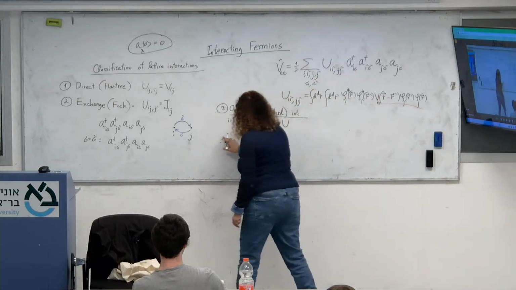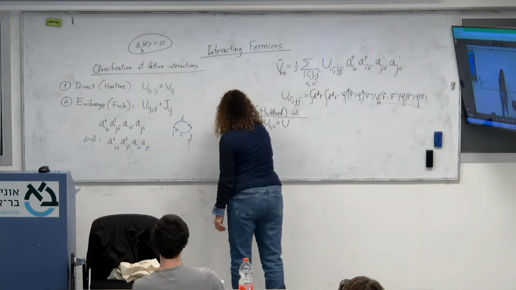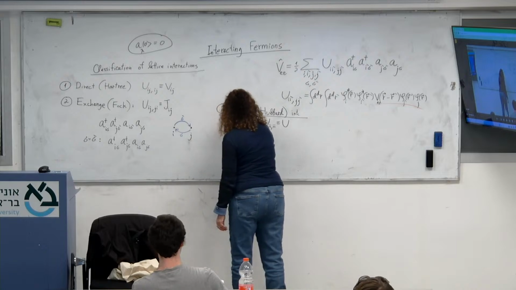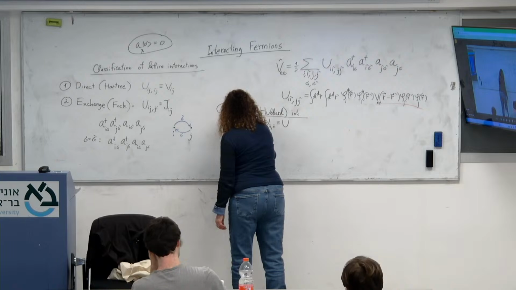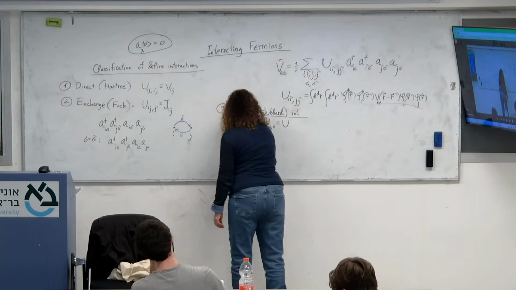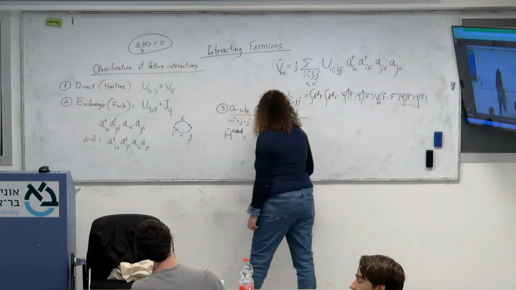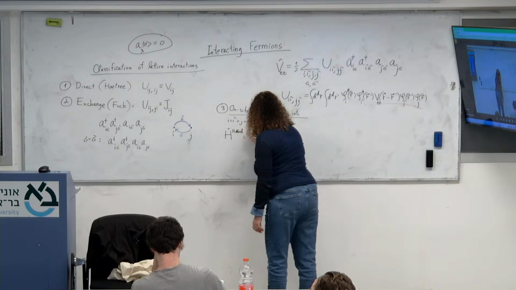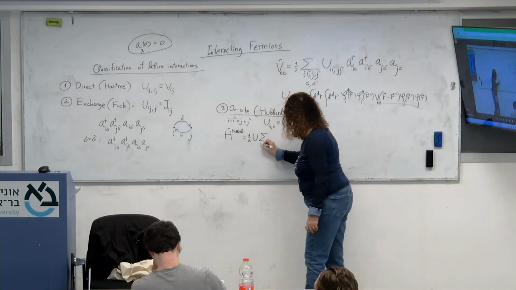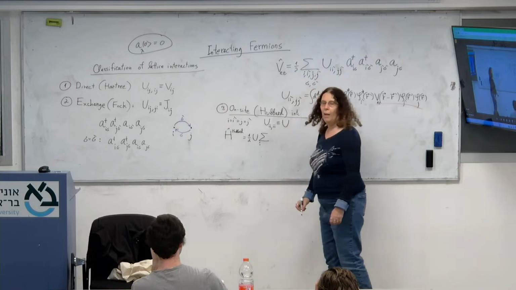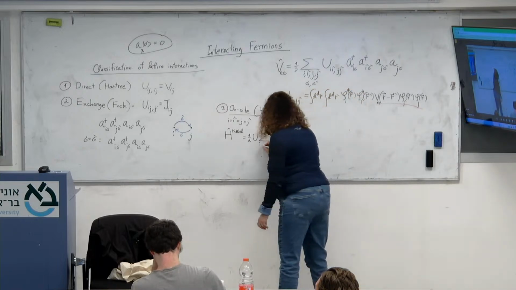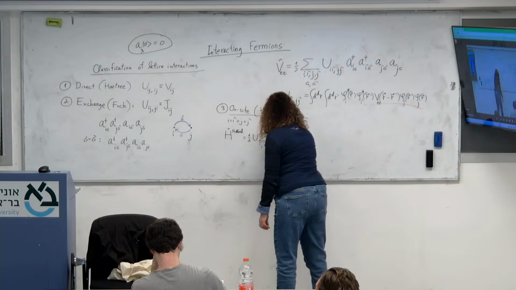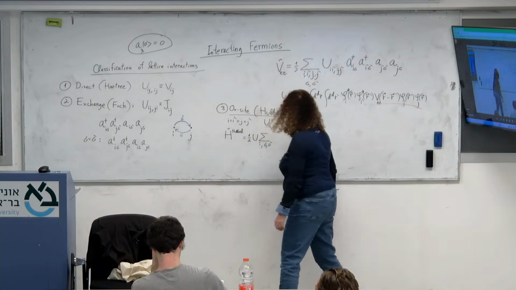Now let us see what it gives. So let's call it H Hubbard. And so it's given by 1/2 U times, now I'm summing only over i, and I have sigma and sigma prime.